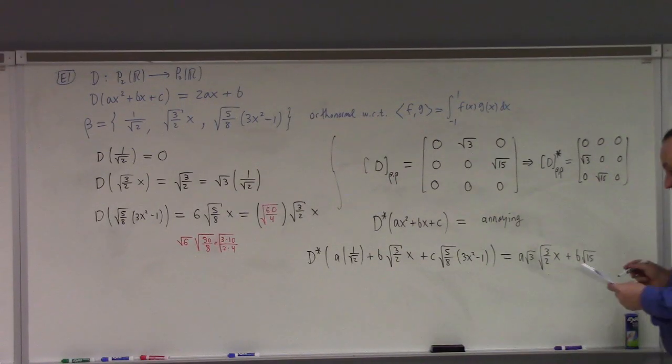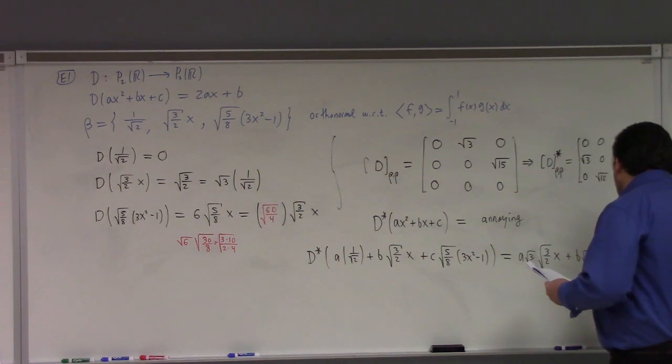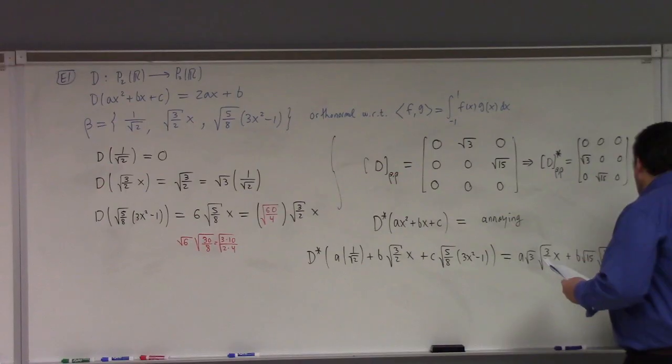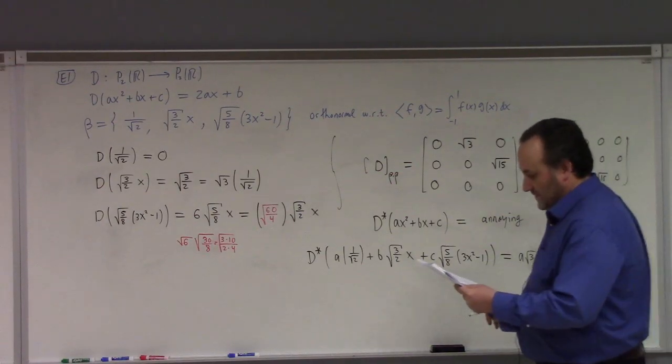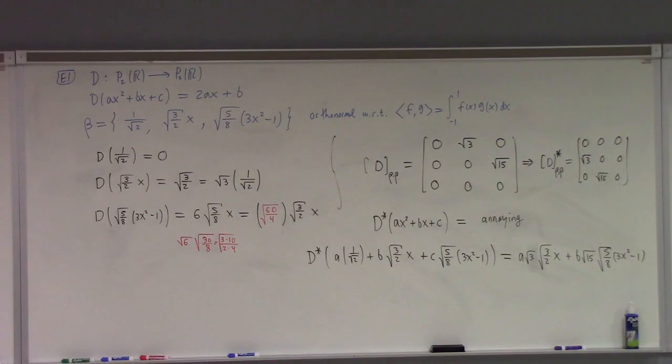Oh, well, yeah, it's just weirding me out. I wasn't expecting that. Okay, square root of 5 over 8. See, I'm trying to judge the adjoint by it being the derivative, but it's not the derivative, it's a different transformation. So of course, when I try to check my answer on the basis of the derivative, it doesn't make sense, because the adjoint of the derivative is not the derivative. It is a different transformation. But there it is.